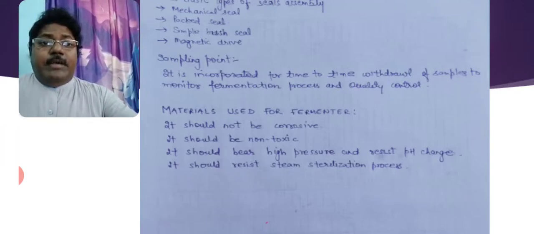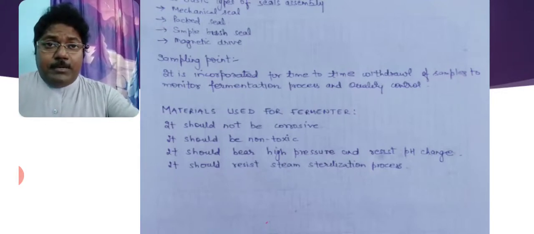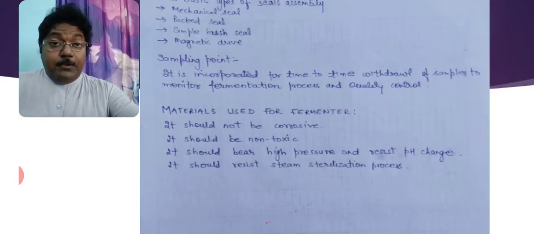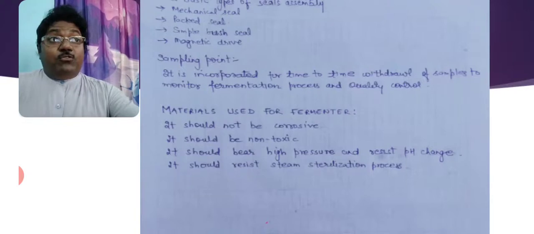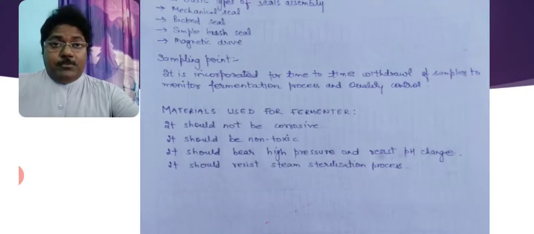And as you all know, a lot of the biopharmaceuticals in the market are produced from these fermenters. Fermentation is a process, as you all know, that converts carbohydrate into alcohol, and different types of fermentation processes are there.